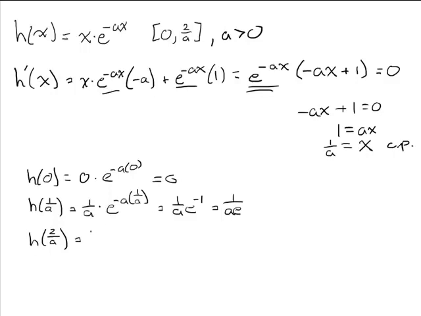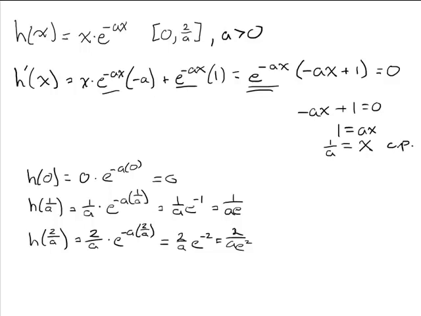And this one's going to look really similar. 2 over a times e to the negative a times 2 over a equals 2 over a. Again, those a's will basically cancel, and now we get e to the negative 2, which is 1 over a times e squared. Now, excuse me, not 1 over, 2 over. Forgot this 2 right here.